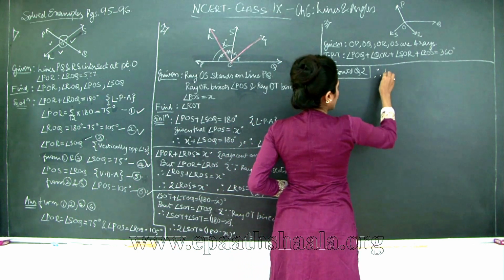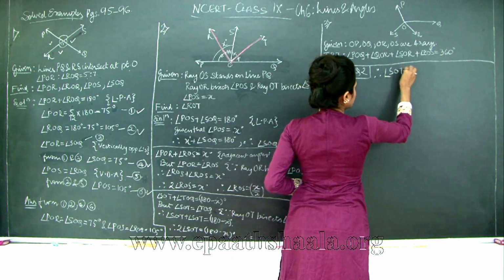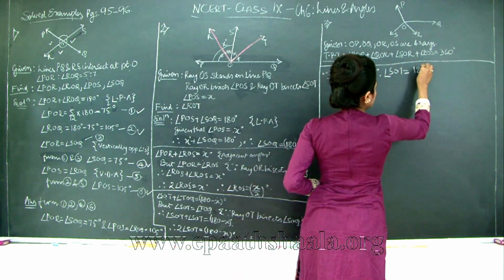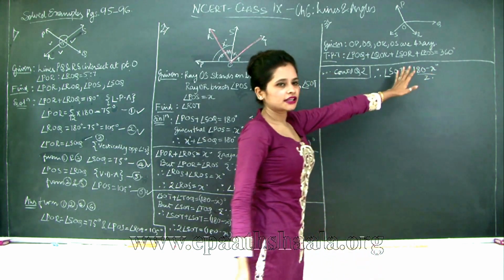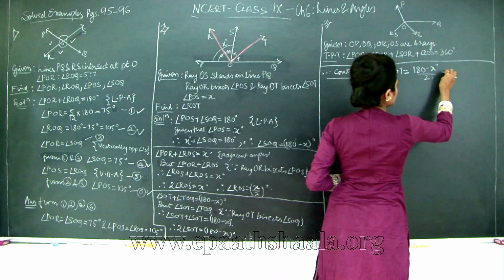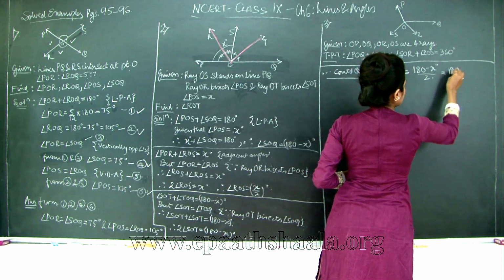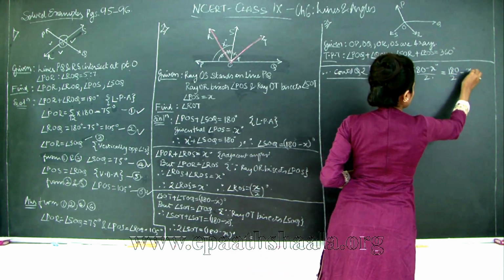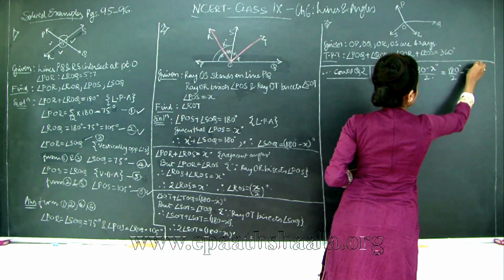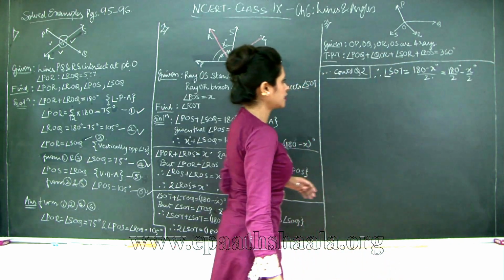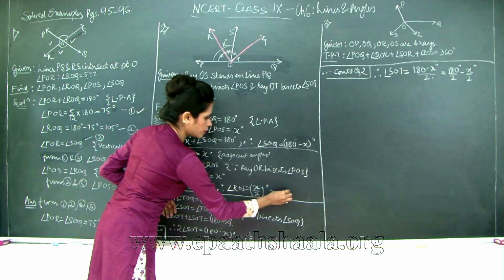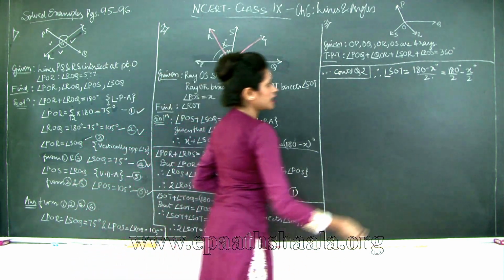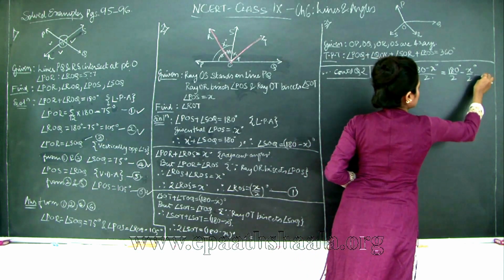So splitting the numerators, what do we get? Angle SOT is equal to 180 upon 2 minus x upon 2 degrees. Correct? So now I'll mark this as equation 1 and this as equation 2.